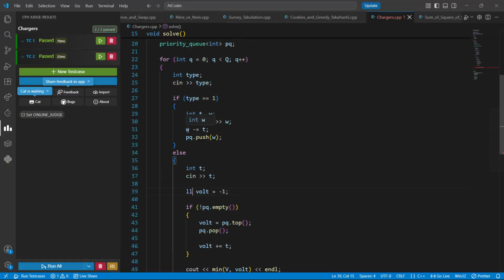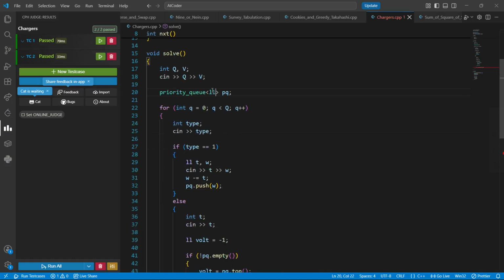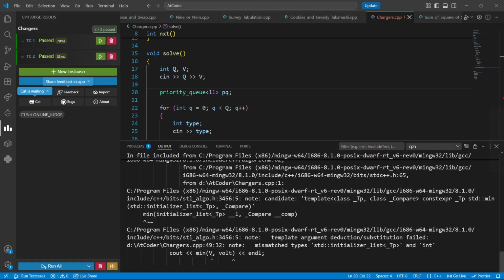So this volt I will take as long. Similarly, this W we are subtracting, right? It can go up to long minimum, I mean in negative side. So I'll be taking long, and since we are pushing into priority queue, so this also I'll be taking it as long. Now let's try to run it. Okay, volt and this comparison fails now.